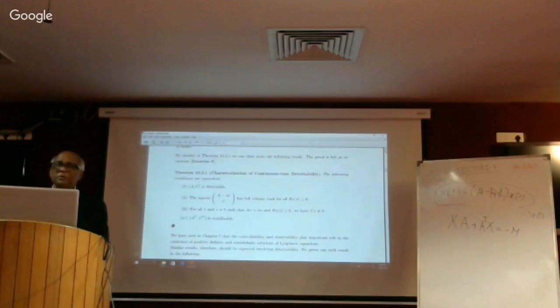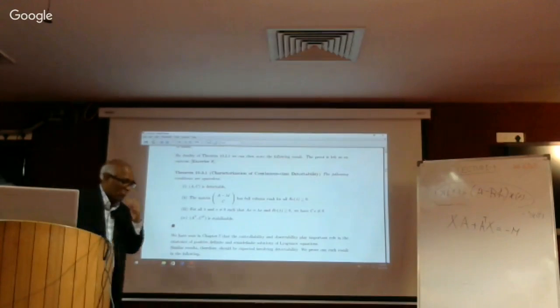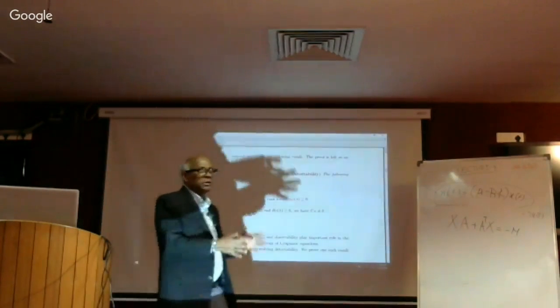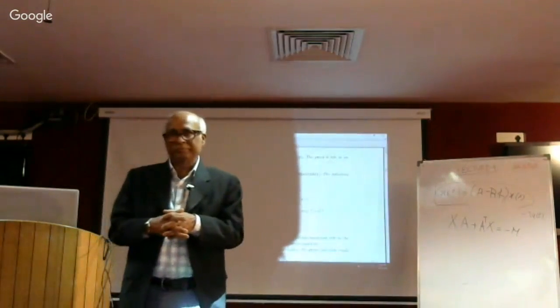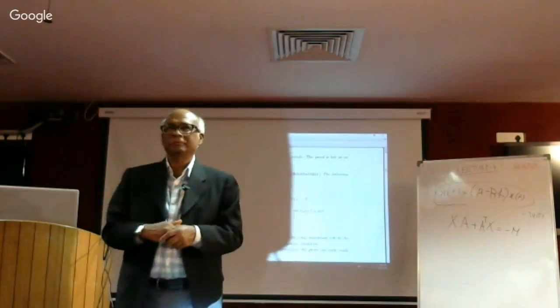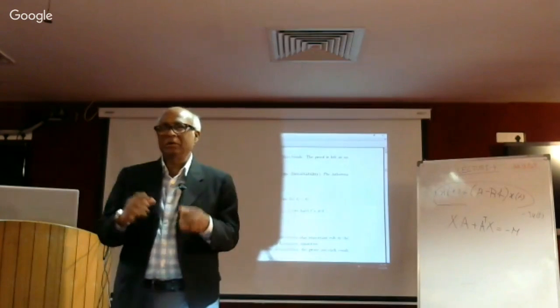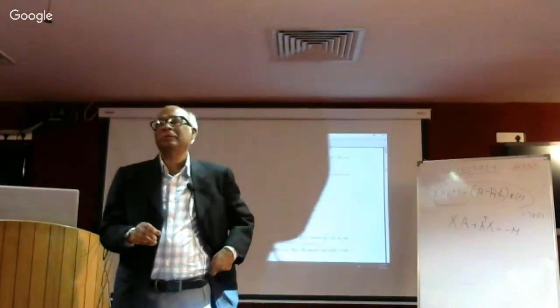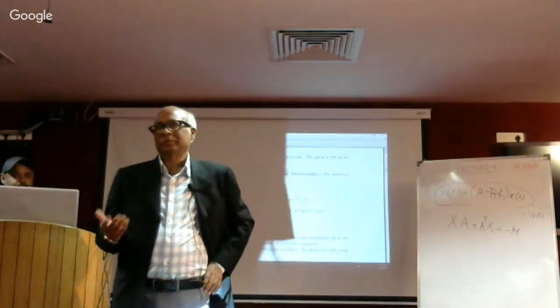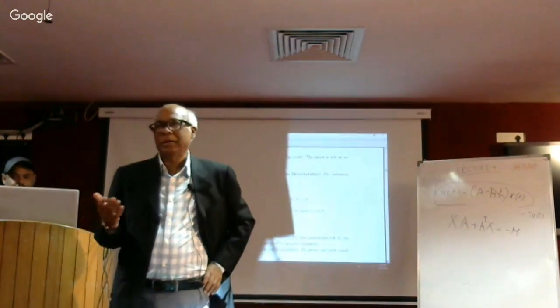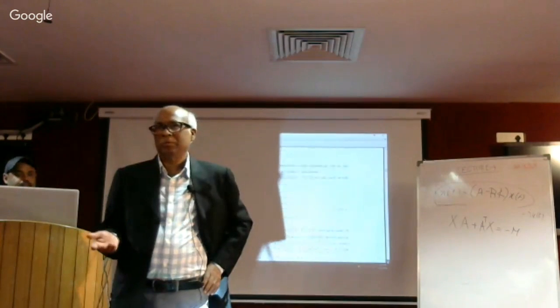Before I leave this section, let me make a comment that controllability implies stabilizability, but not the other way around. There is a simple example in the book to convince you that if a matrix is stabilizable, it doesn't have to be controllable.